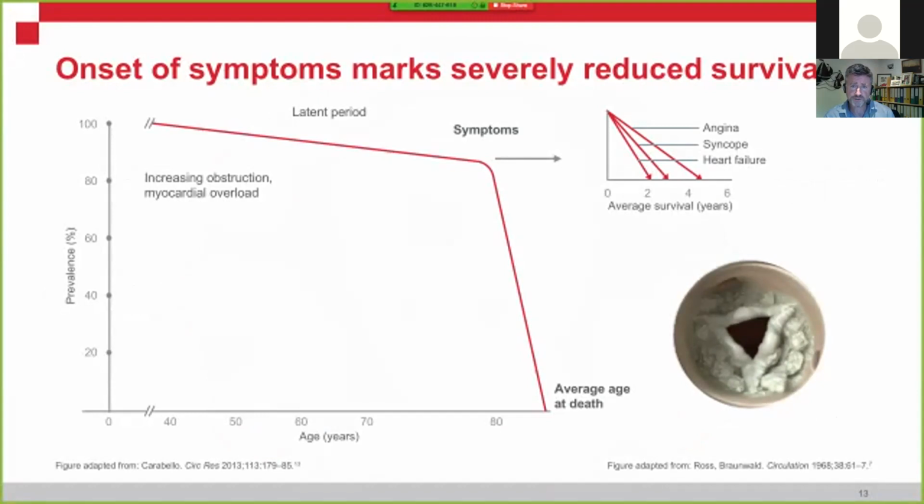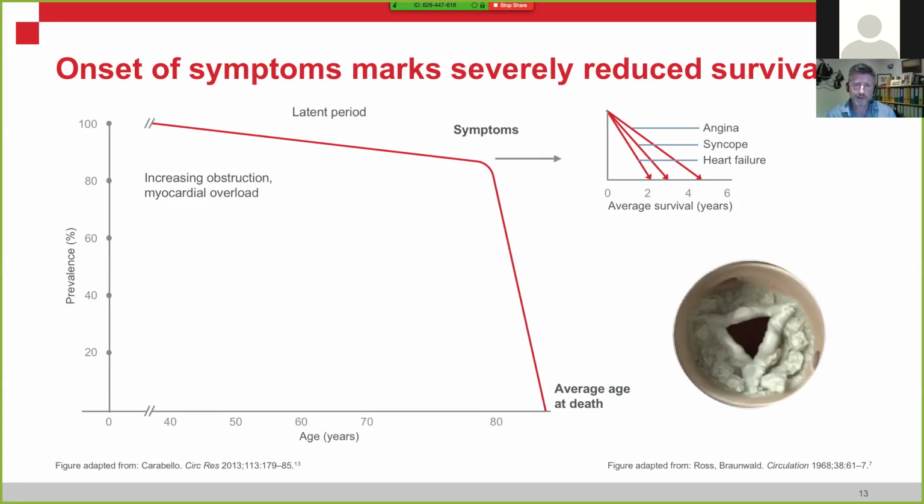Their average survival following development of angina on a background of aortic stenosis is approximately 5 years. If they develop syncope, it's about 3 years. And if they develop heart failure, it's about 2 years. So again, very, very significant bearing on life expectancy.